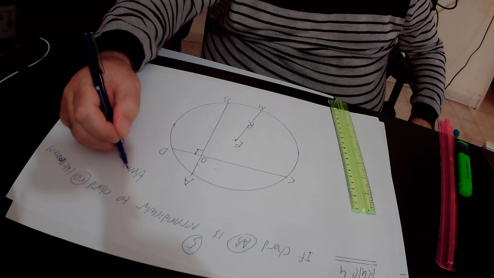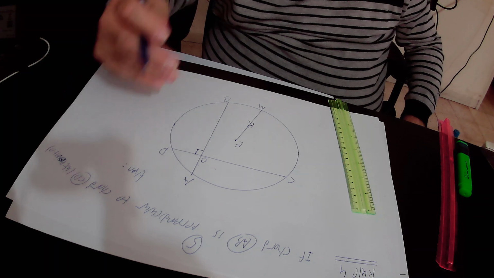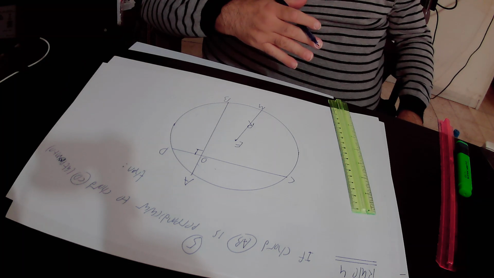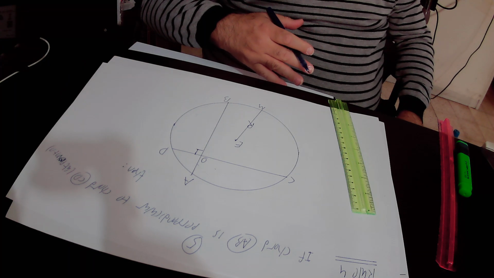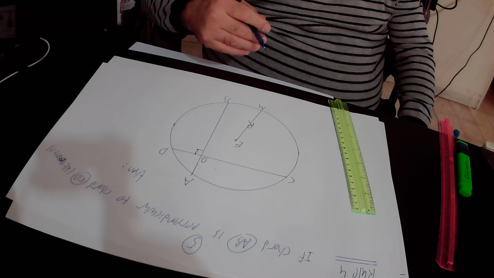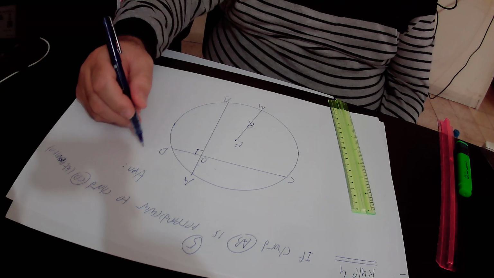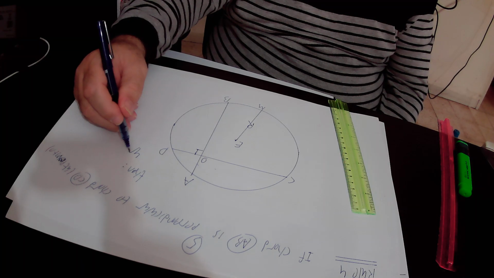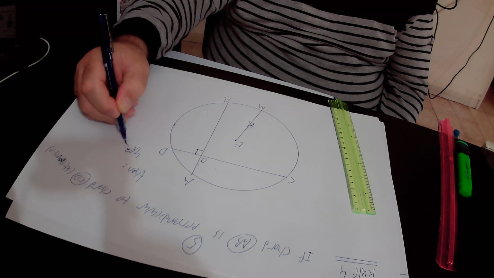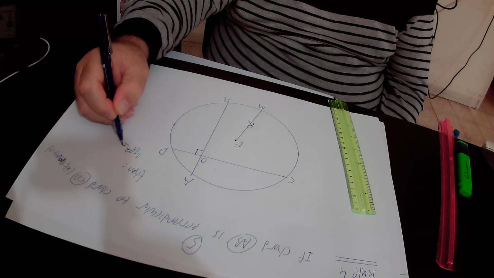Whenever you have two chords that are perpendicular to each other, you can implement rule number 4.